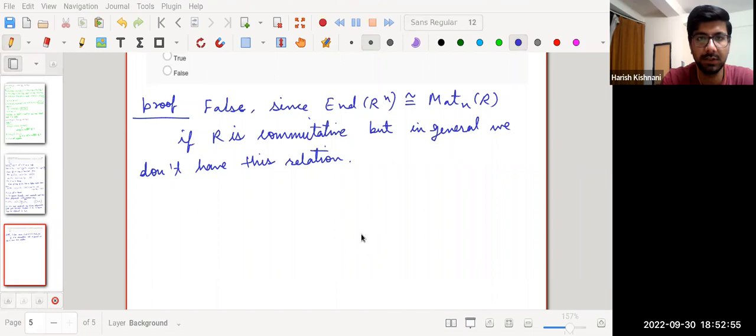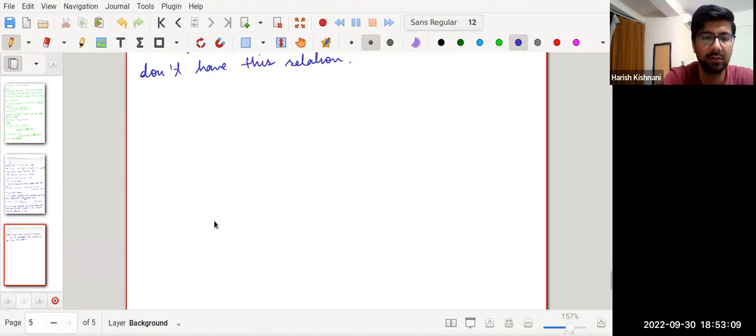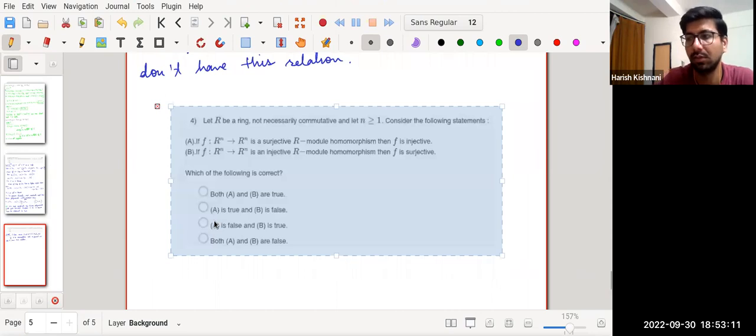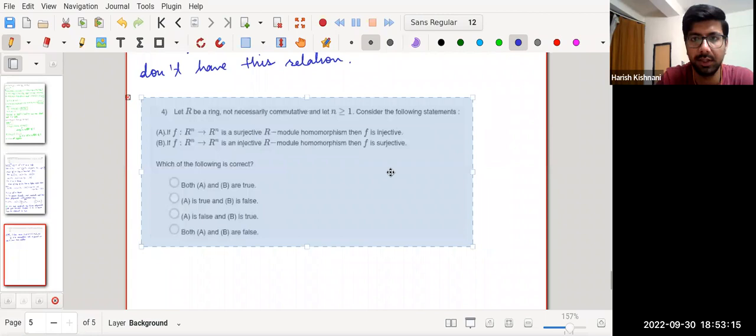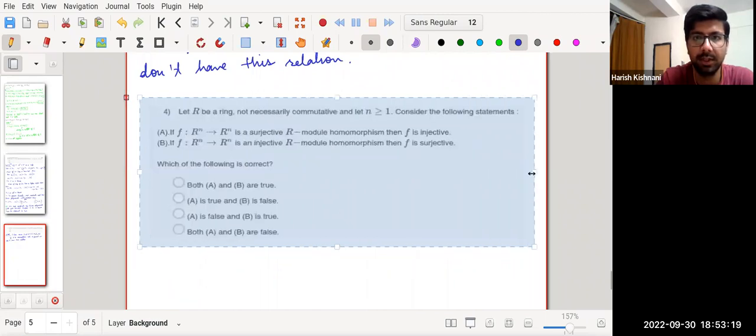It says, let R be a ring not necessarily commutative and n greater than or equal to 1. Consider the following statements.